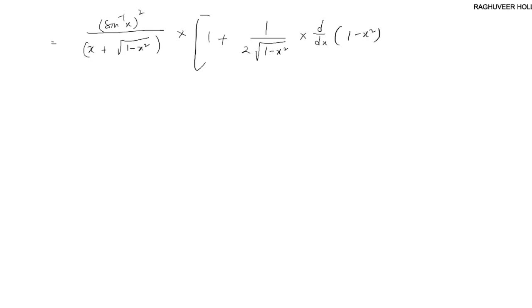Further, this will be (sine inverse x) whole square divided by (x plus root 1 minus x square) multiplied (1 plus 1 by 2 root (1 minus x square) d by dx of (1 minus x square)), right?